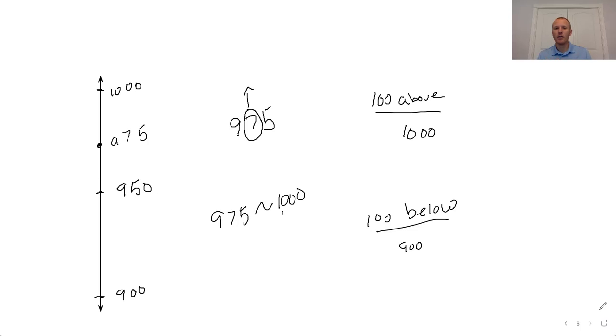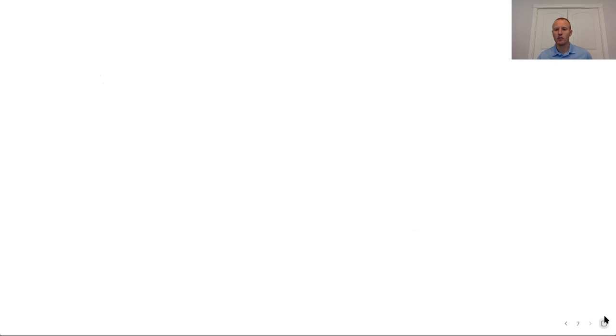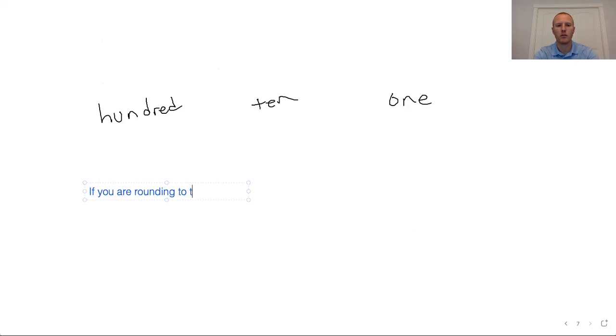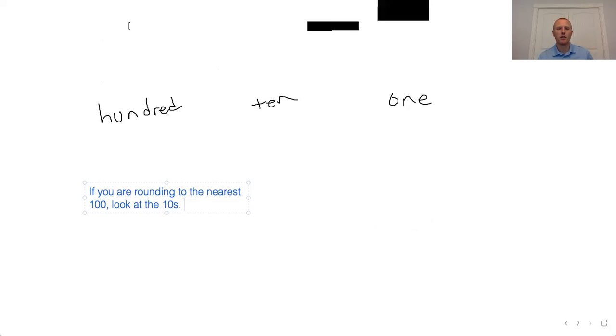If you have any questions about this stuff, let me know. This is very similar to the work we did with tens. As a reminder, I'll put up the place value chart for you: 100, 10, 1. When you're rounding to the nearest 100, you look at the tens. You always go one place to the right.